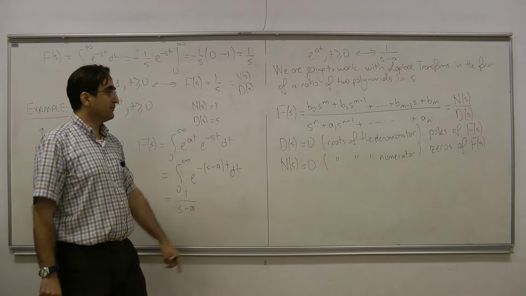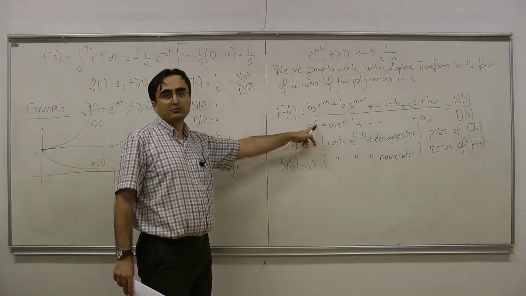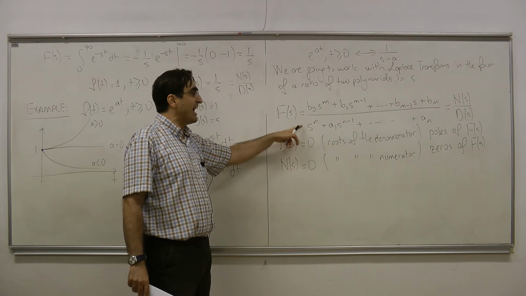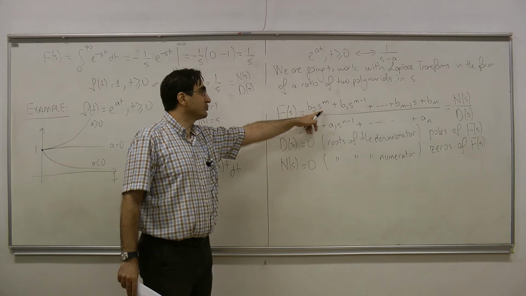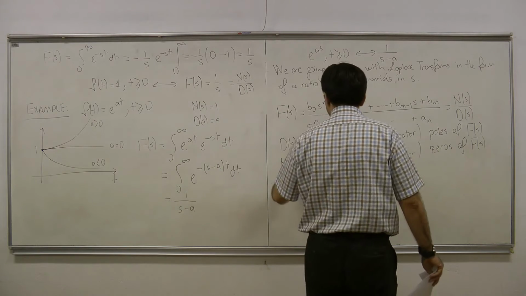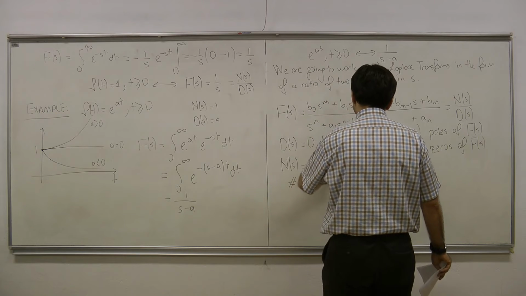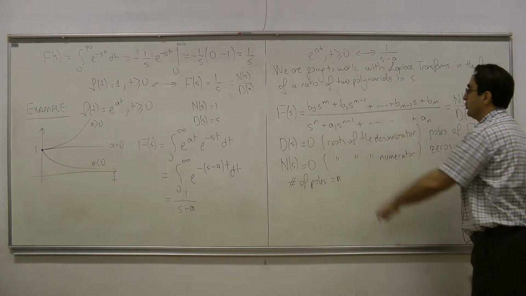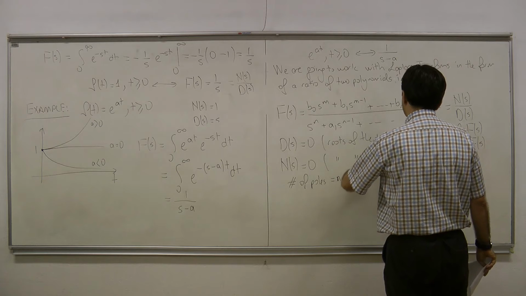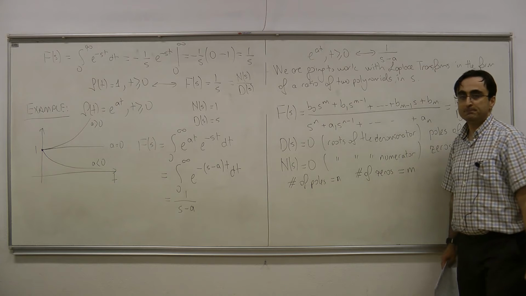We know that if we have an nth order polynomial, then it's going to have n roots. So here, the number of poles is n, the order of the denominator polynomial, and the number of zeros is equal to m. Okay?